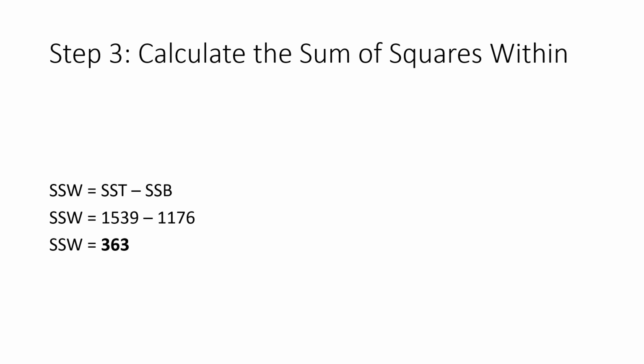So the equation is sum of squares within equals sum of squares total minus sum of squares between. We already know sum of squares total is 1539. Sum of squares between is 1176. So when we subtract 1176 from 1539, we get sum of squares within equals 363. Okay, hold that in your mind.